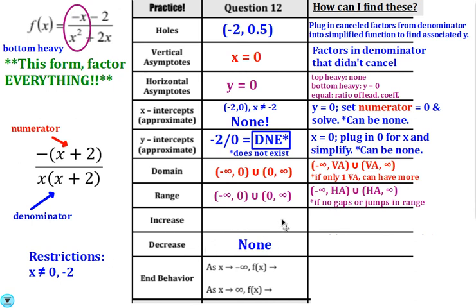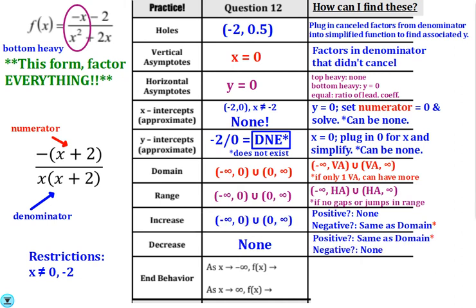It will be increasing. And again, it typically follows our domain. Now, our end behavior, we still want to look back at our horizontal asymptote. So it approaches a number either from below or above, depending if it's positive or negative. And it'll switch the above or below, but it approaching the same number doesn't change.